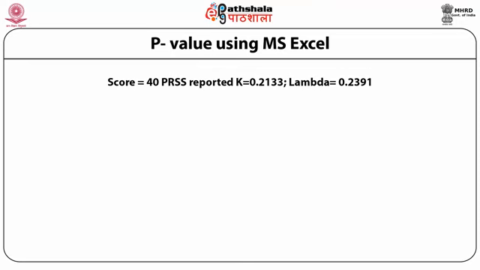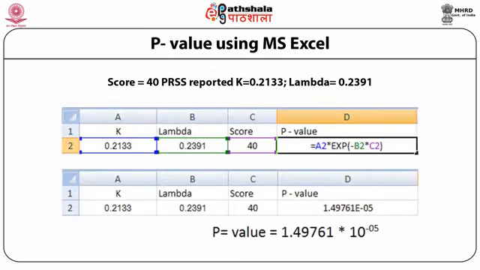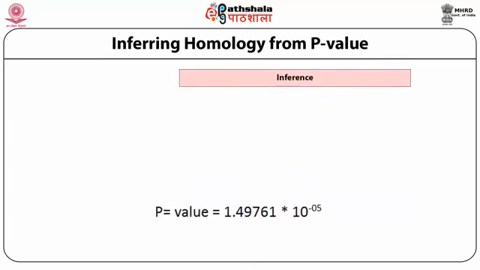Now press enter. The resulting p-value is displayed in cell D2, which is approximately 10 raised to the power minus 5. To infer homology from the p-value, use this table.